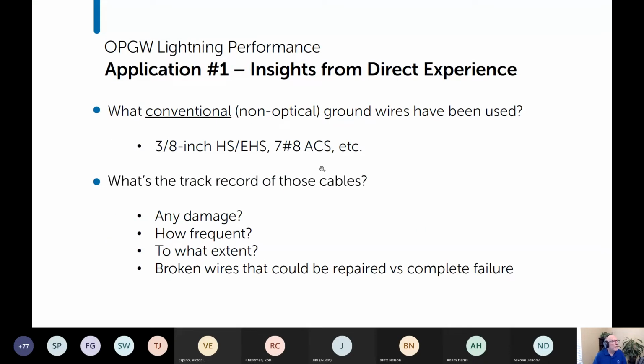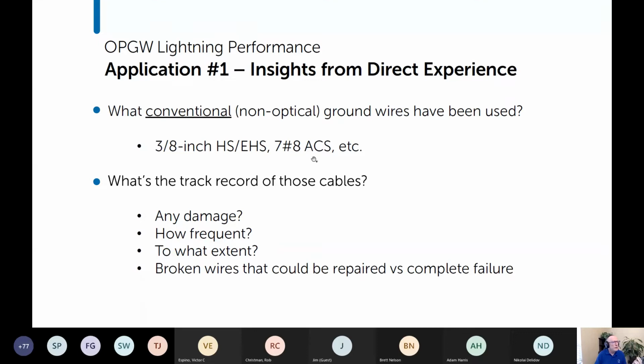So up first is what can you get from the direct experience of your utility? The first thing to think about is what's been going on with your conventional cables, right? Because before OPGW came on the scene in the late 1980s, as we mentioned at one of the opening slides, utilities had been operating for decades, and they had used cables like 3/8 inch HS or EHS and 7 number whatever ACS cables.